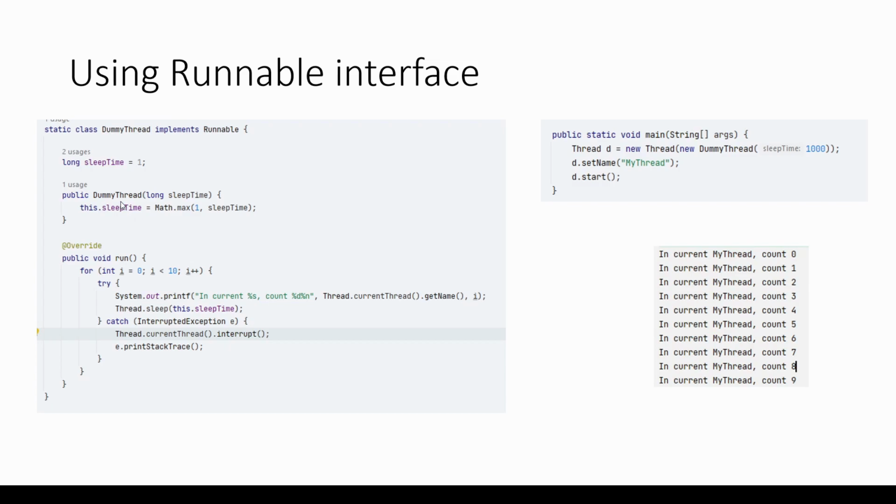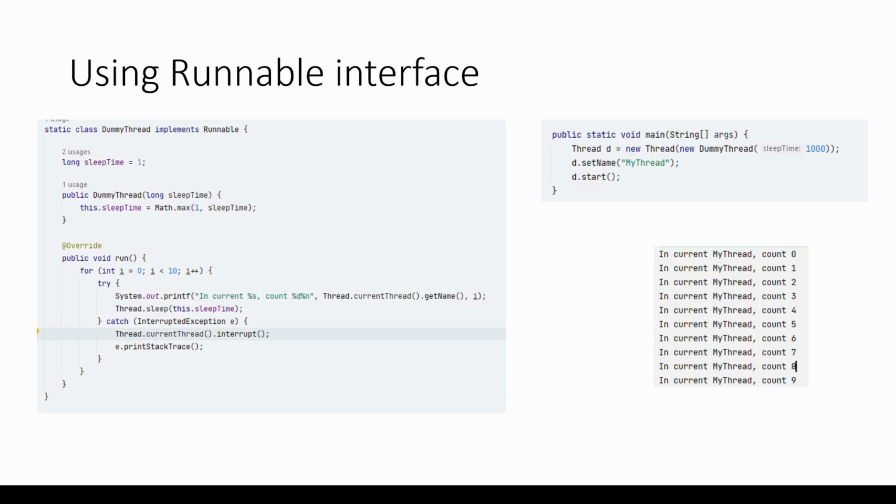We have a class DummyThread which has the same constructor which takes one long value. In the run method, I'm looping from 0 to 10, printing the current thread name, printing the count, and then calling Thread.sleep. But the one difference is that when I'm creating a thread, I have to provide a wrapper class, which is the Thread class. Thread is a wrapper class, and it has a lot of constructors. One constructor takes a Runnable value, which takes a class or object of type Runnable.